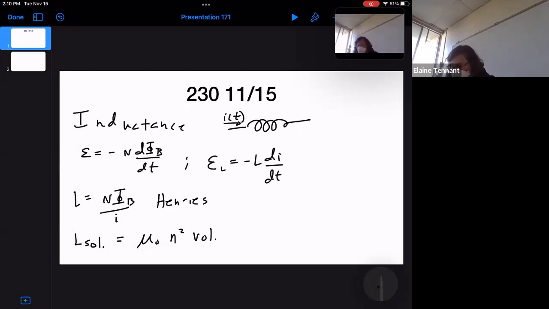We know that the magnetic field in a solenoid is mu naught N i. And we have some idea of how this solenoid, which is an inductor, is going to act when you hook it up to a circuit.